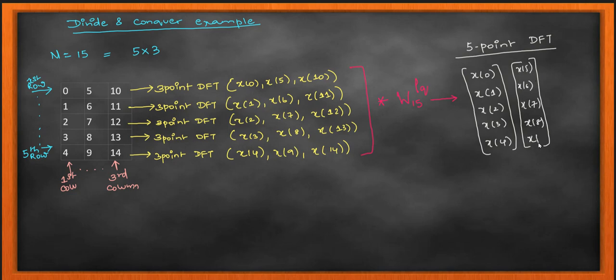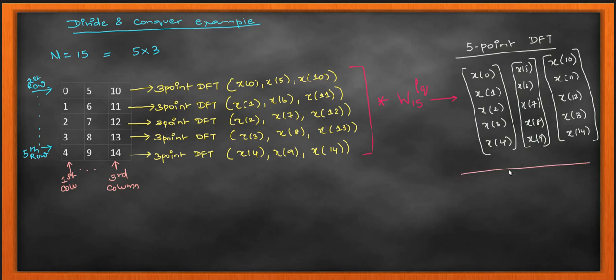And the only way you can compute the 5-point DFT is to group them vertically. When you group it column wise, that is where you can find the 5-point DFT. And here you're computing the 5-point DFT how many times? 3 times. See? You're taking the 3-point DFT 5 times and you're taking the 5-point DFT 3 times.